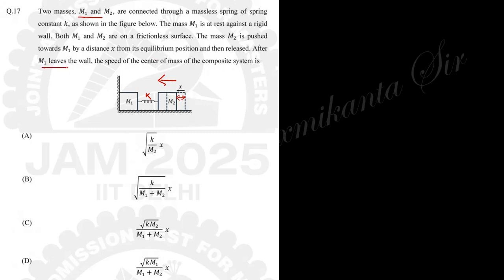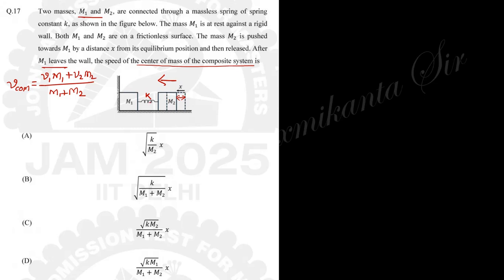After that, M1 leaves the wall. We need the speed of the center of mass of the composite system. The speed of the center of mass of the composite system is nothing but velocity of mass 1 into mass 1 plus velocity of mass 2 into mass 2, divided by m1 plus m2. This will be the velocity of the center of mass.